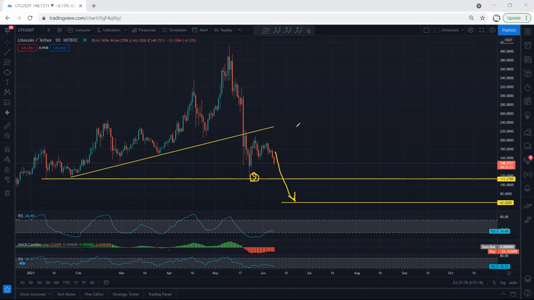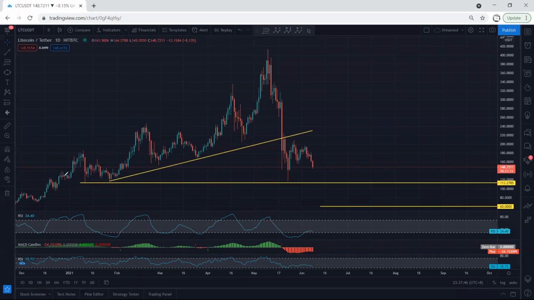That's why the breakout of the previous low is very important for us, and even if you refer to this correction. Anyway, if this is the only flat and this is the start of the down move, mostly the price can retest to 60.